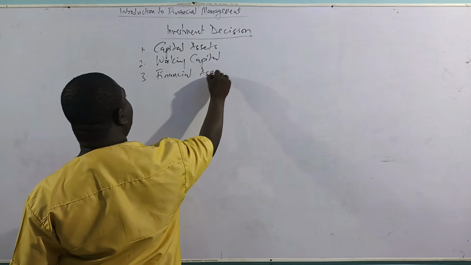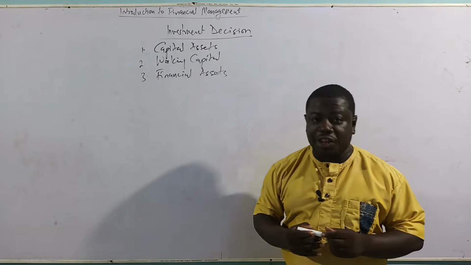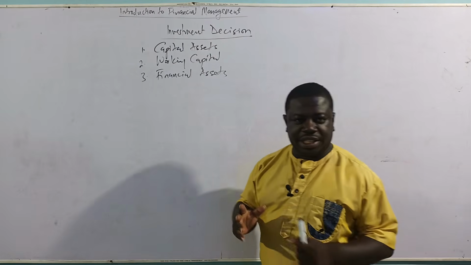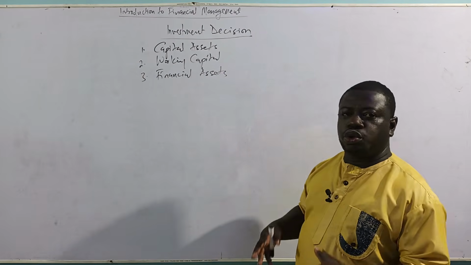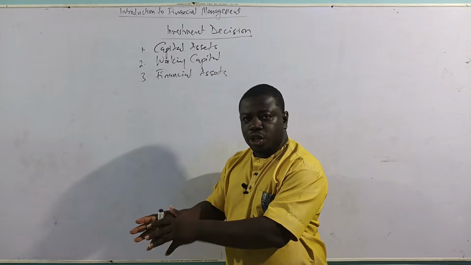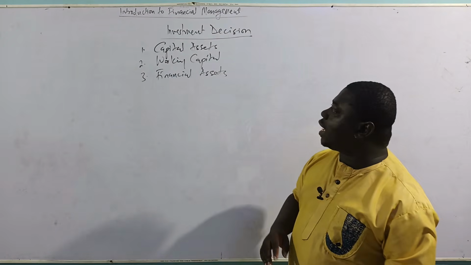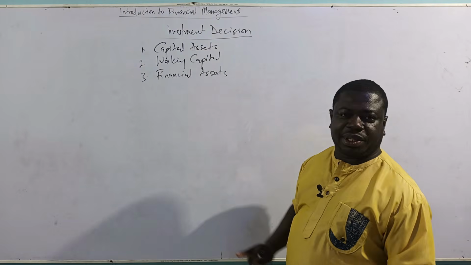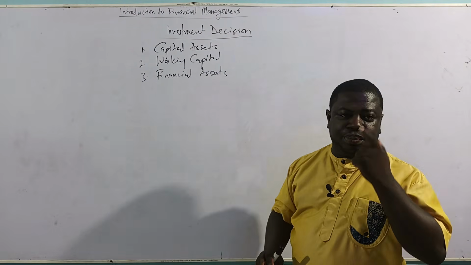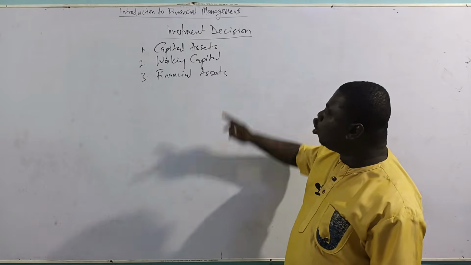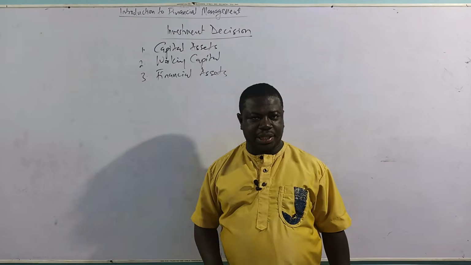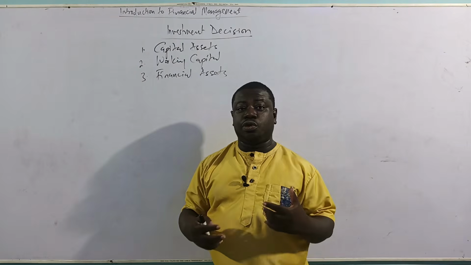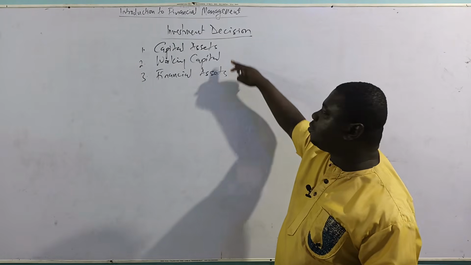So as a finance manager, if you want to decide where to put your idle funds to yield a return, you can invest in a capital asset, or you can put it in working capital, or you can invest in a financial asset. Now, capital assets and financial assets are what usually come to mind when we talk about investment decisions.